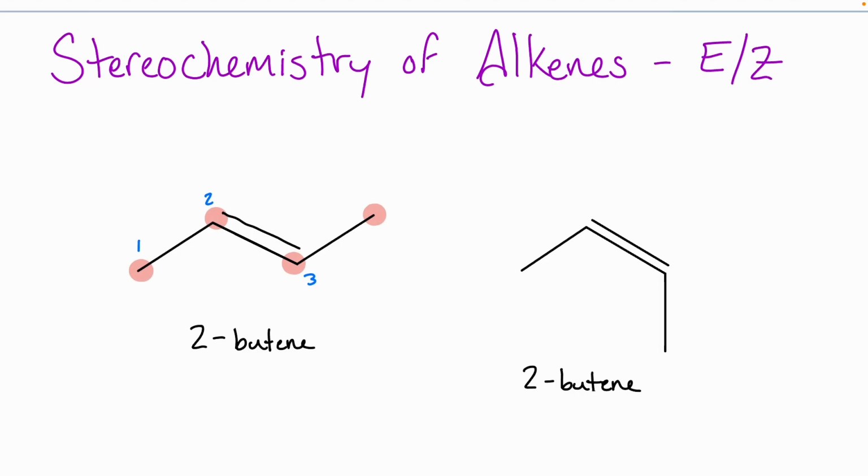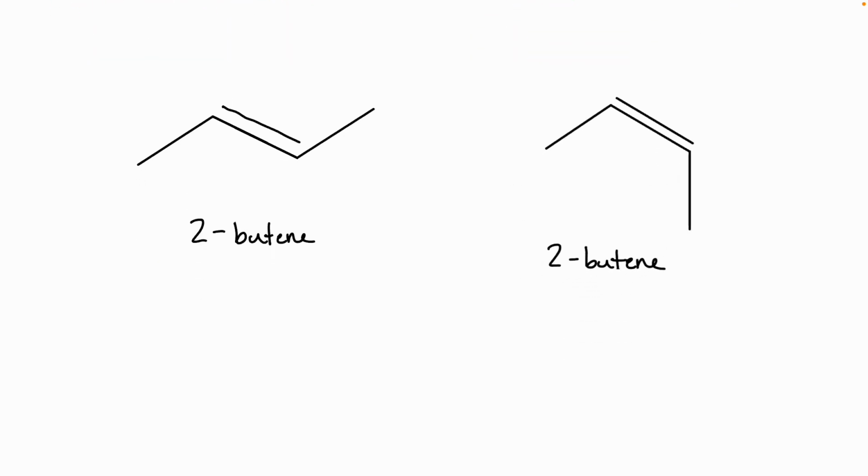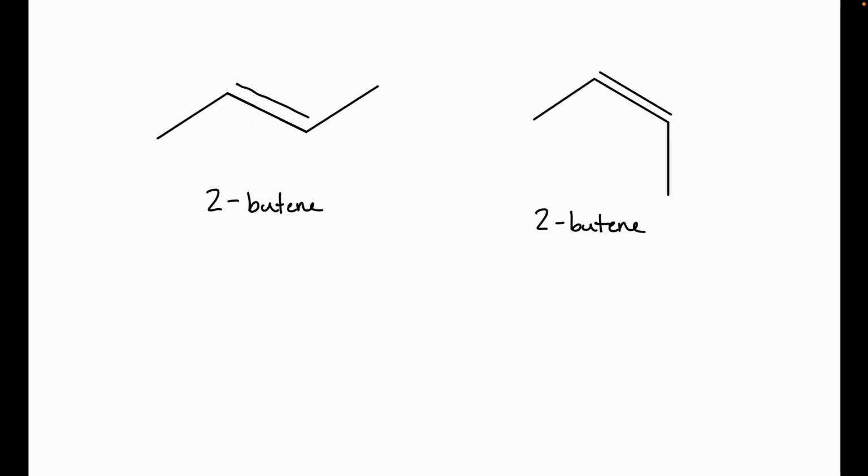Okay, so let's just review real quick how we go about assigning E or Z stereochemistry. Let me get rid of some of my markings here. Okay, because again, the whole point of nomenclature is to uniquely point to a molecule here. So we have to build into the name what the stereochemistry of our double bond is so we know which 2-butene we're talking about.